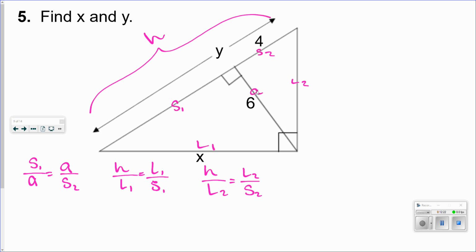This could be written as y minus 4, right? So if we use that first one, that would mean we have y minus 4 over altitude, which is 6, equals 6 over segment 2, which is 4. So we can solve that for y.